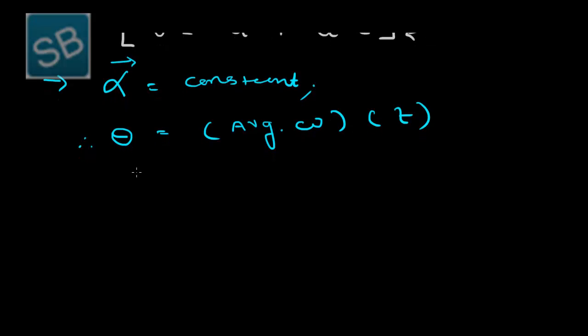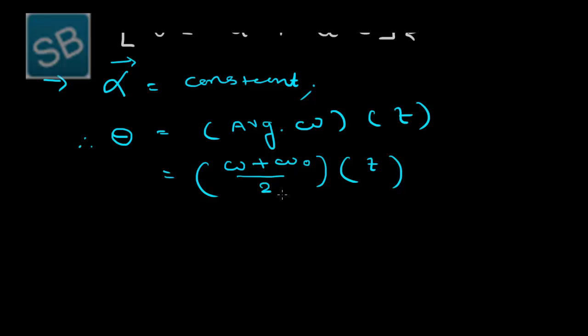The value of average velocity is the initial velocity plus final velocity divided by 2, into t.